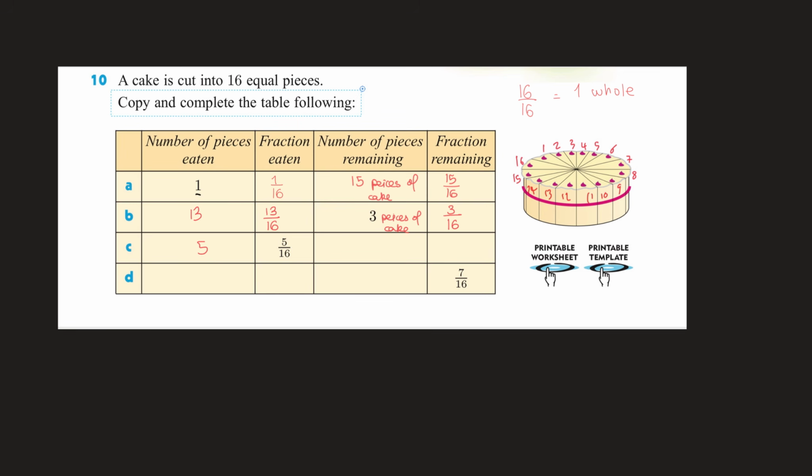So we have our 16 pieces, or 16 out of 16. We take away 5 out of 16. We're left with 11 out of 16. So that goes over there. And the number of pieces that remain, that's 11 pieces of cake.